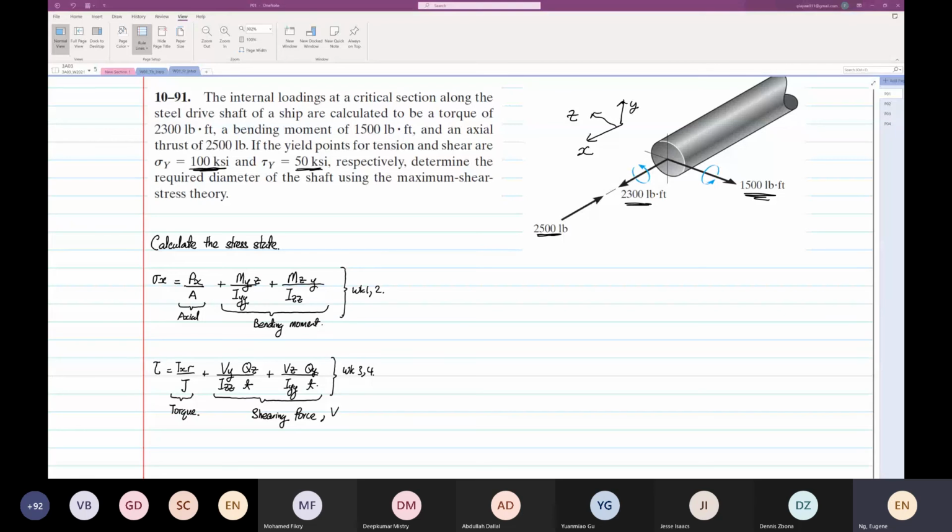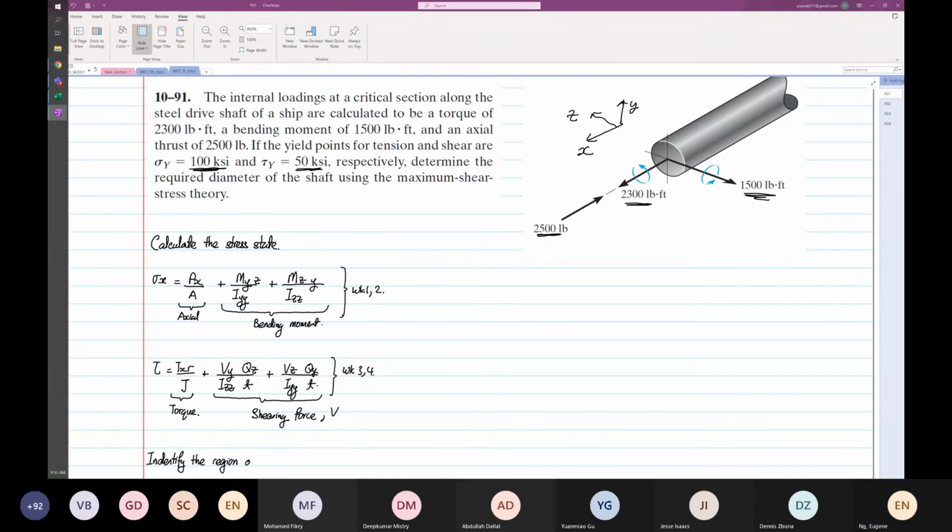The next thing is we are going to identify the region of the highest stress state.